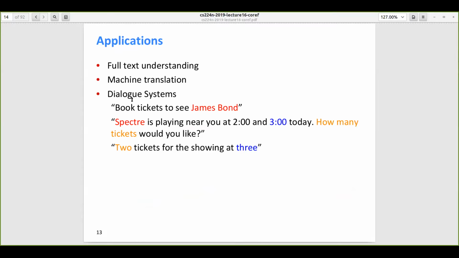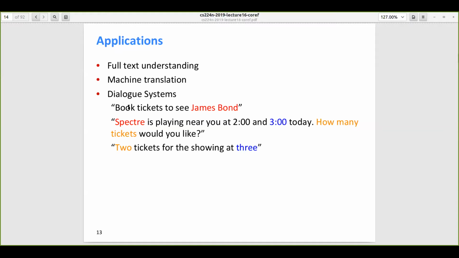And another application of coreference resolution is dialogue systems. When a dialogue system takes some query or request from the user, it has to send a response. To do that, it has to properly understand what exactly the user's query or request is.